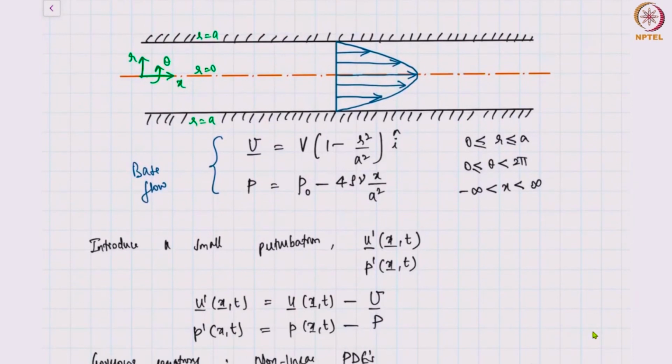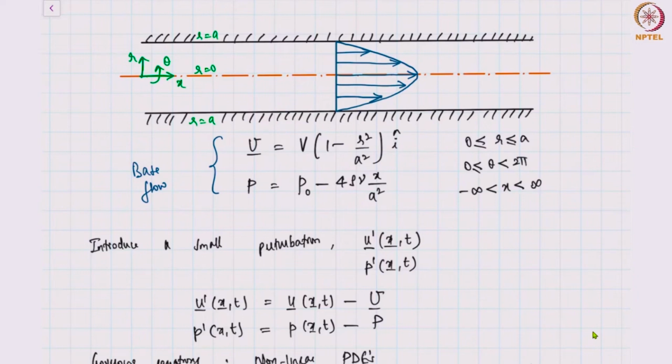If you notice here, x goes from minus infinity to infinity, so I could assume that any arbitrary form of the disturbance can be written in terms of Fourier transform. So for example, if something is varying in x, I could replace it in terms of sin kx and cos kx or exponential ikx.